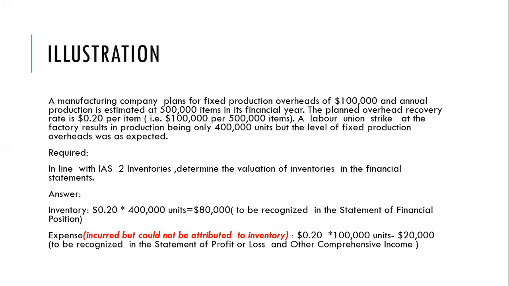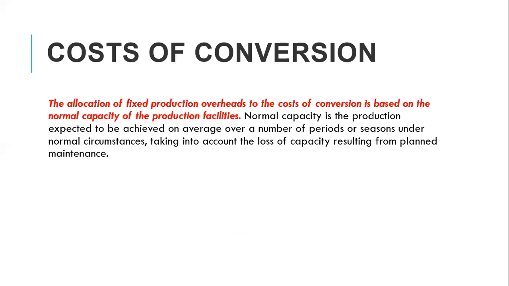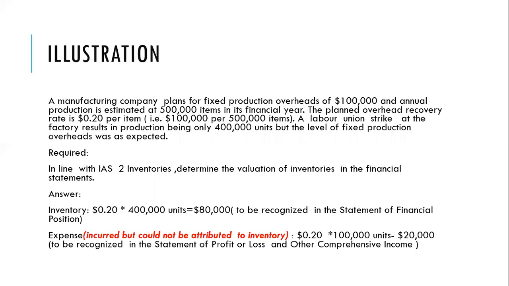In line with IAS 2, we determine the valuation of inventories in the financial statements. So this is our answer. Remember, we said that the allocation of fixed production overhead to the cost of conversion should be based on normal capacity of the production facility. So we will still use the planned overhead recovery rate of $0.2.